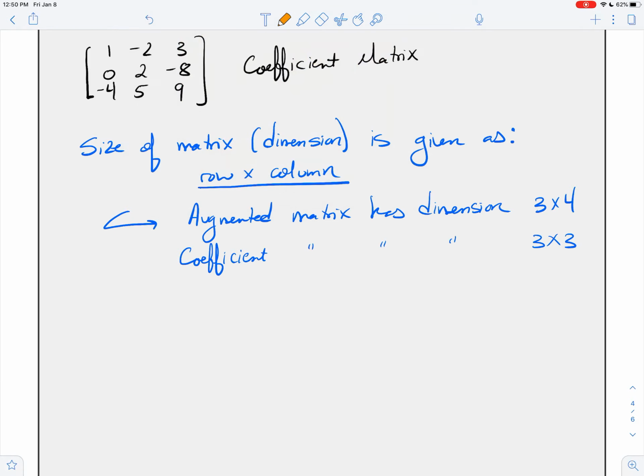In general, an M by N matrix has, well, it's row by column, so M rows and N columns. All right, so that's the information that we need.